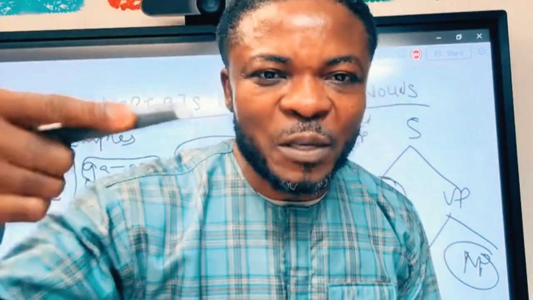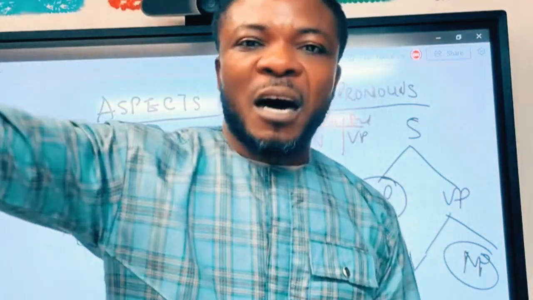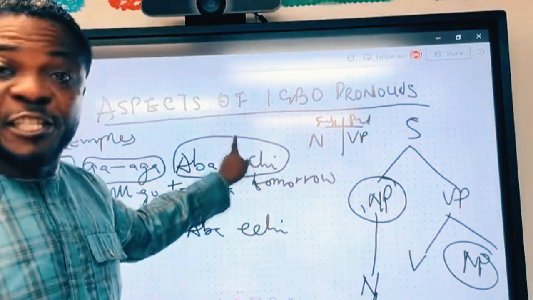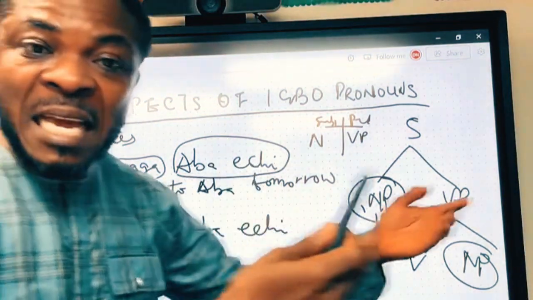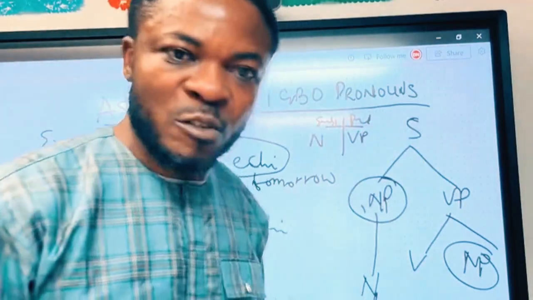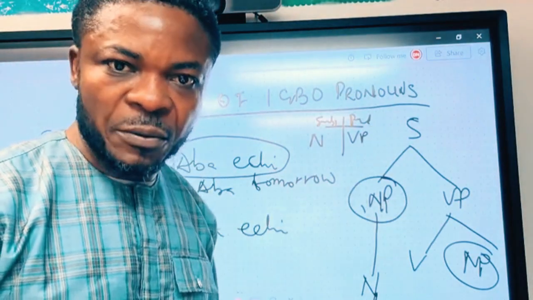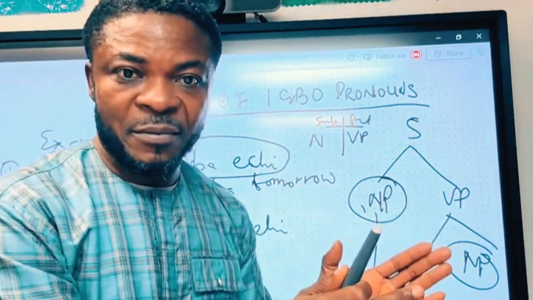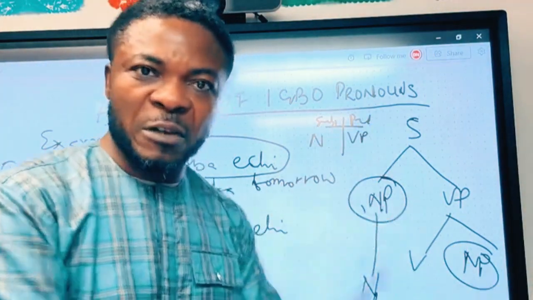In "I will go to Aba tomorrow," that is why you see Aba Echi. Aba is the name of a person. Echi, tomorrow, is a noun as well in this context. It might play another role in another context.